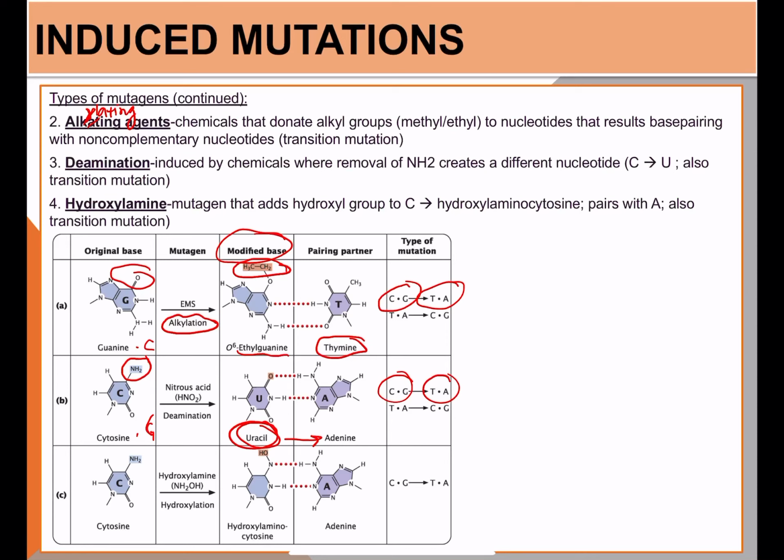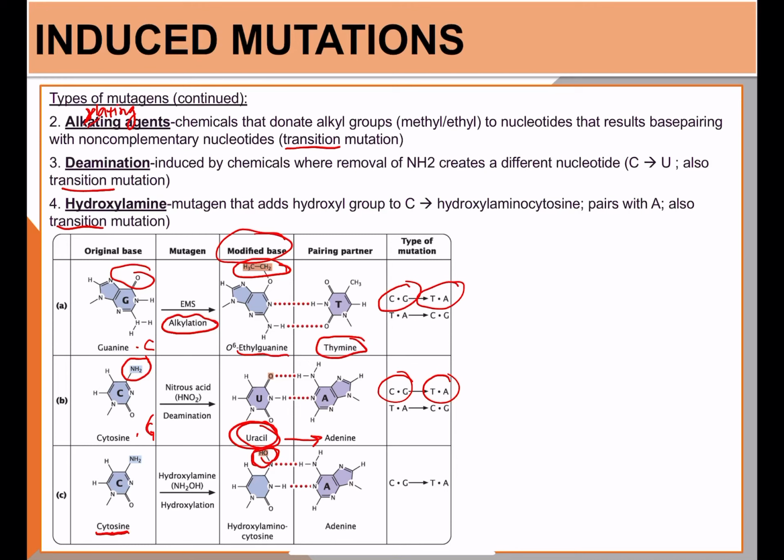Again, all of these are actually transition mutations, because we did say transition mutations are usually more common because it's easier to convert a purine to a purine or a pyrimidine to pair with a pyrimidine. Okay. Hydroxylamine is a particular mutagen that adds a hydroxyl group to just cytosine. So here's cytosine, and here's that extra hydroxyl group that's been added to the amino group.